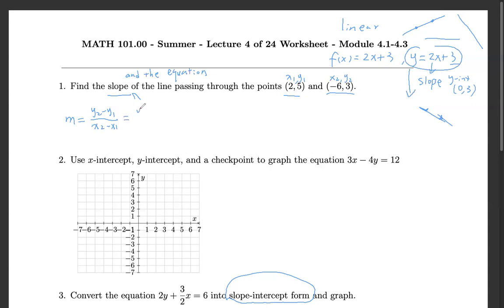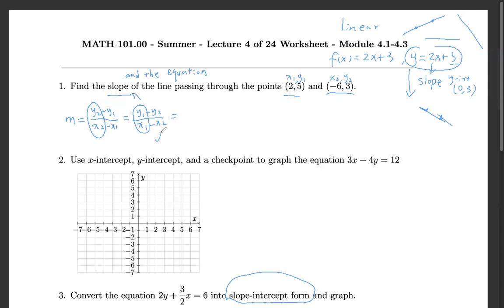Or we can do y1 minus y2, which then has to be over x1 minus x2. Do you see the consistency? If we start with y2 in the numerator, we have to start with x2 in the denominator. If we start with y1 in the numerator, we have to start with x1 in the denominator.